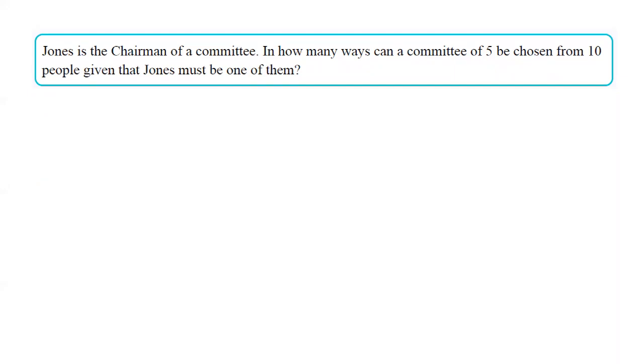Pay attention here. There is a slight difference from the previous 2 questions. Again, I'll give you 2 minutes to think about this question, and we will discuss the solutions.